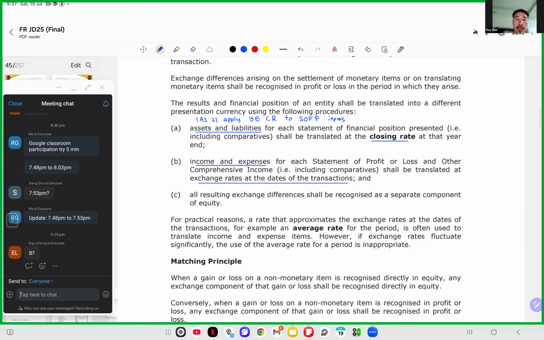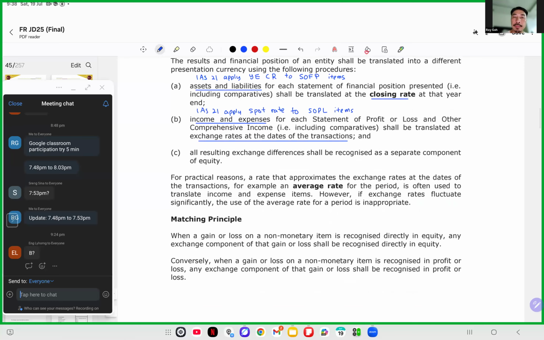Then IAS 21 also applies the spot rate to P&L items. But there's a problem. There are too many rates. For practical reasons, we always use the average rate, right?